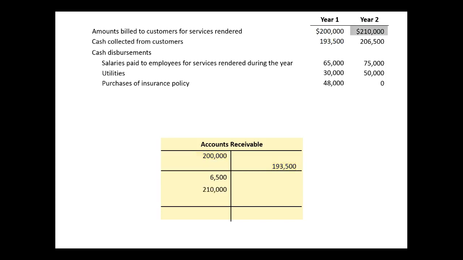Throughout year two, we billed $210,000. We collected $206,500, which gives us an ending balance in accounts receivable at the end of year two of $10,000.